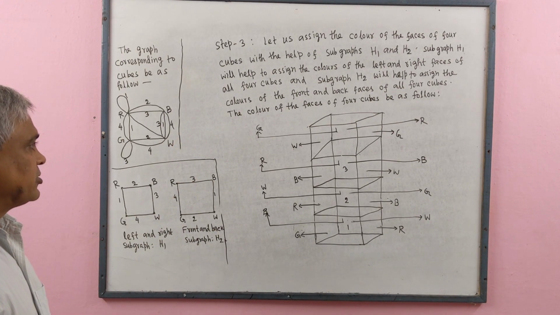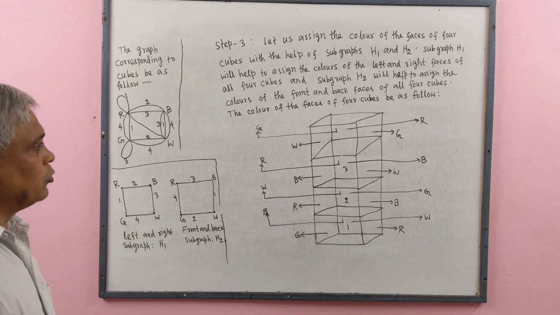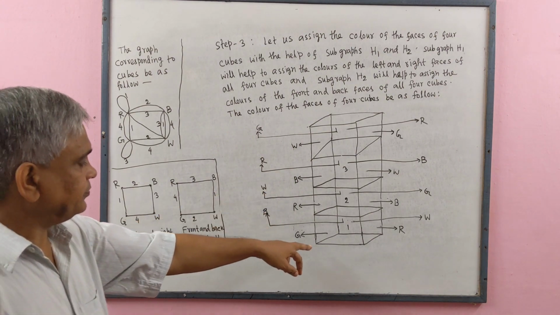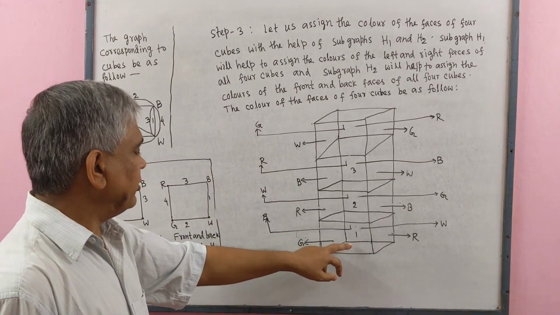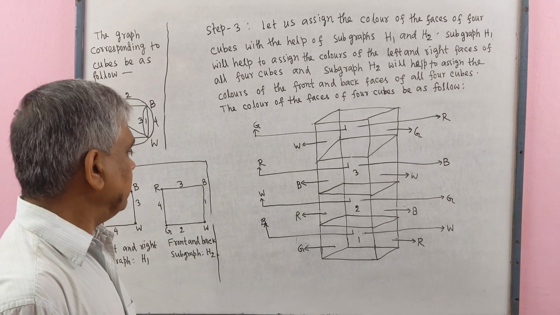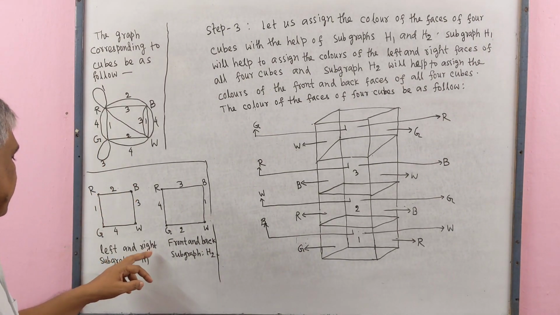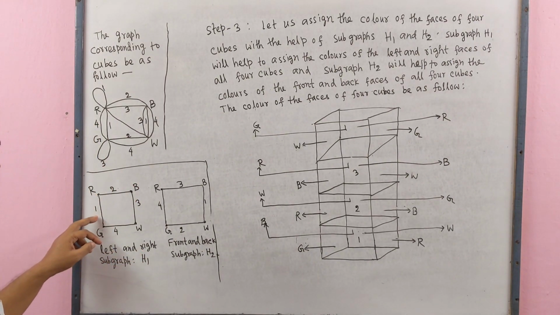The colors of the faces of the 4 cubes are as follows. This is the first cube. We take the left and right. This is edge number 1.